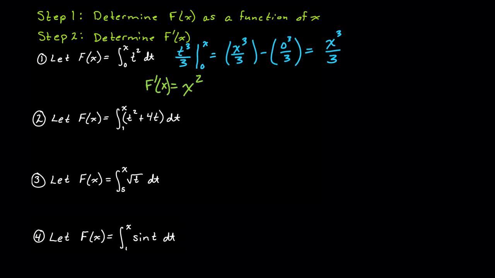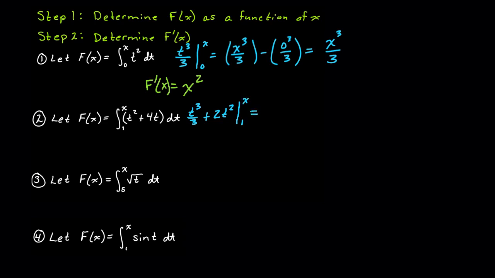All right, so the next one, we're going to find the antiderivative, which once again is going to be t cubed over 3 plus, and this one would be 4t squared over 2, which simplifies to 2t squared, evaluated between 1 and x.